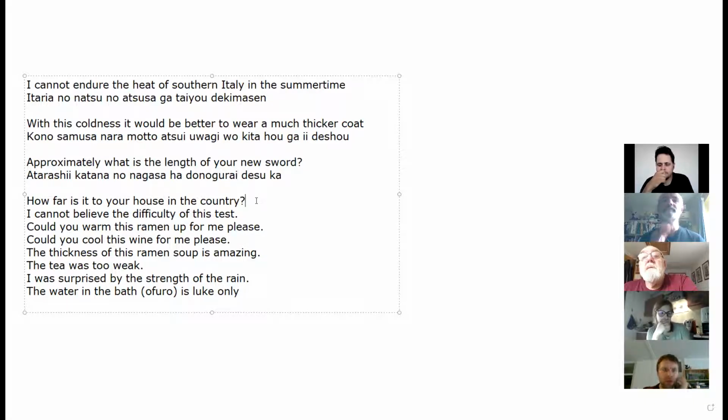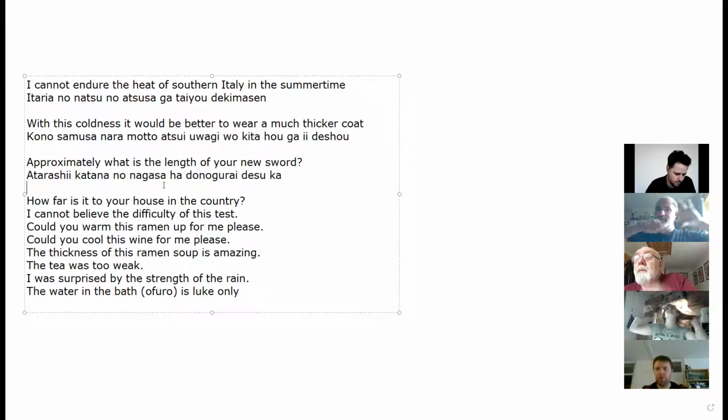Okay, Piotr, dozo. Quick question. When would you use katana and when would you use tsurugi? Tsurugi means a straight sword, like a Chinese sword. Ah, okay. Thank you. So you know the deity Fudomyo, the god of fire.